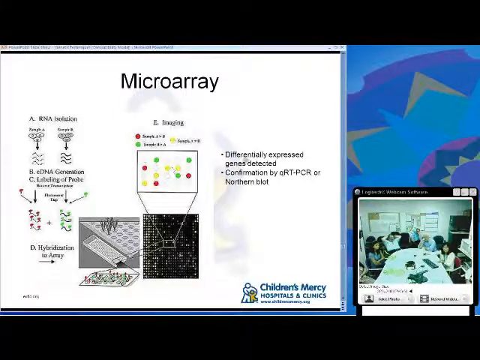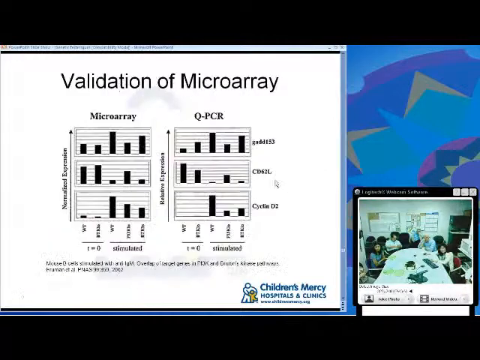And that way you can determine which genes are differentially expressed in your particular sample. And then once you have these results, you need to confirm it by either northern blot or by QR-PCR. In this example, they've confirmed it by QR-PCR. So this is the microarray analysis.